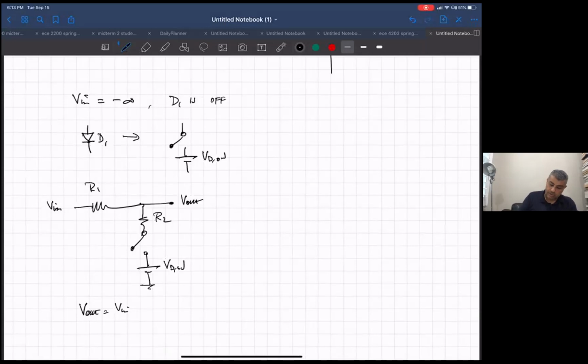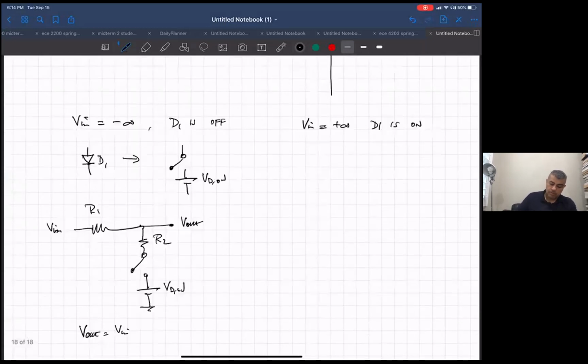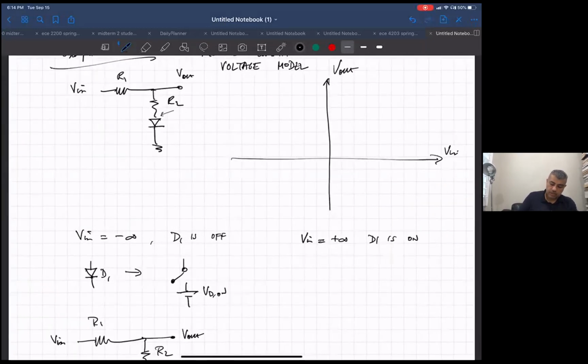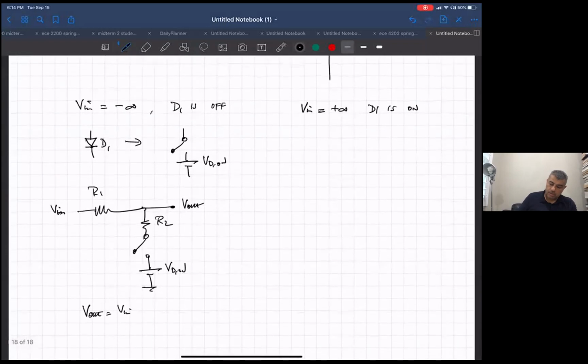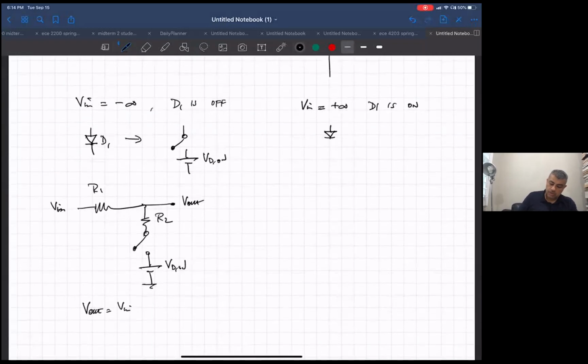Then when Vn is positive infinity, D1 is on. Again, we're forcing this node to be very large, meaning that we're forcibly turning on D1.